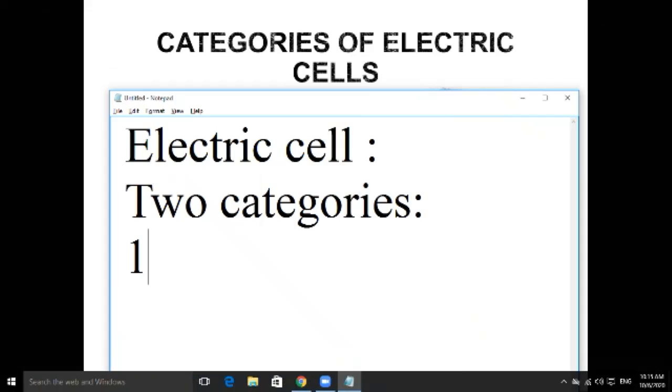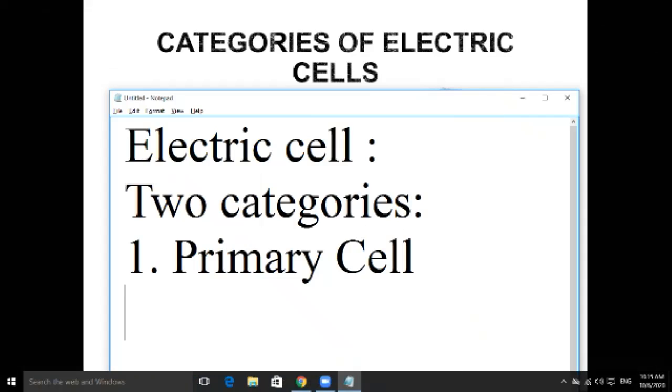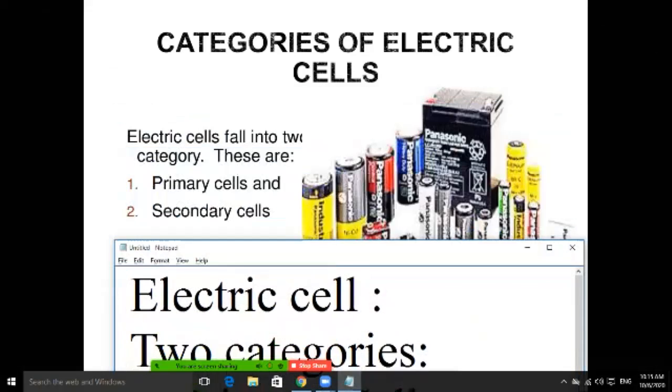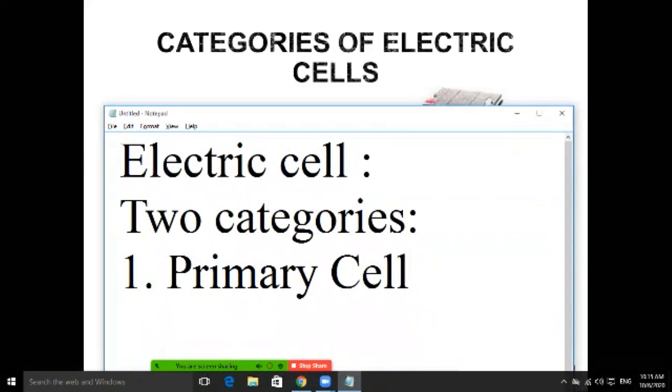The first one is primary cell and the second one is secondary cell, right? So it has two categories.